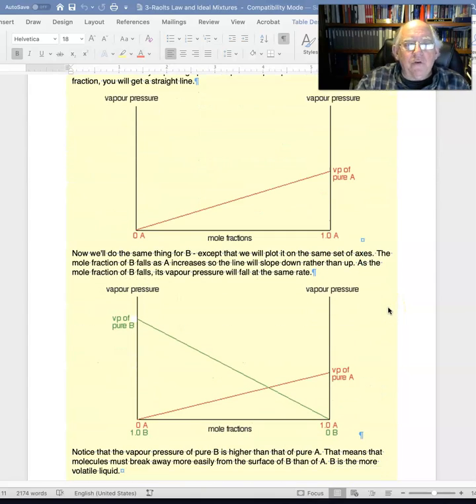Now on that same chart, if we have a mixture of 2 components, the other component is B. Over at this side, we have all B where we have no A. At that particular point, we would have the vapor pressure of pure B. And then over here on the right-hand side, where it's all A, there would be no B. And so Raoult's law says that the vapor pressure contribution due to B would be decreasing in this fashion, just like we saw the vapor pressure due to A increasing in the same fashion.